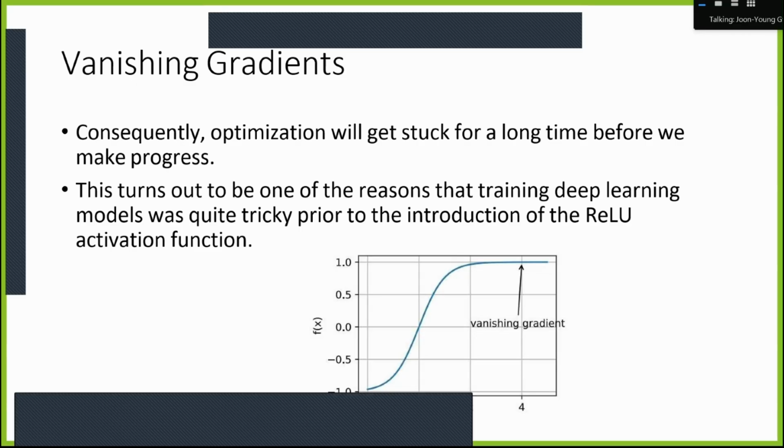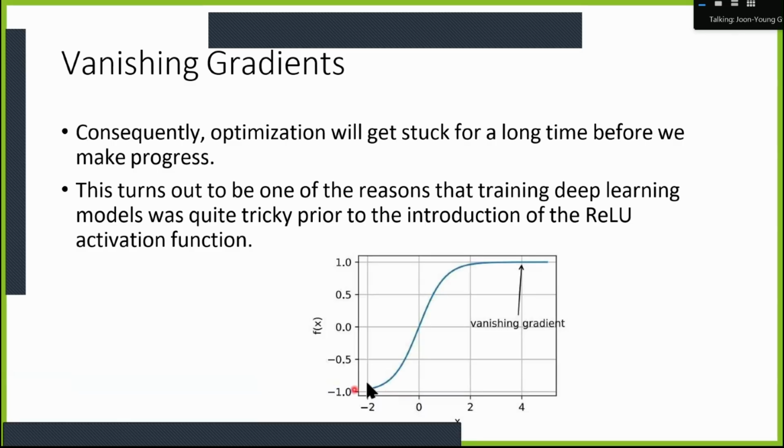Actually, for the vanishing gradients, I think I have explained many times, but we could go over it again. This is an example of the tanh activation function.